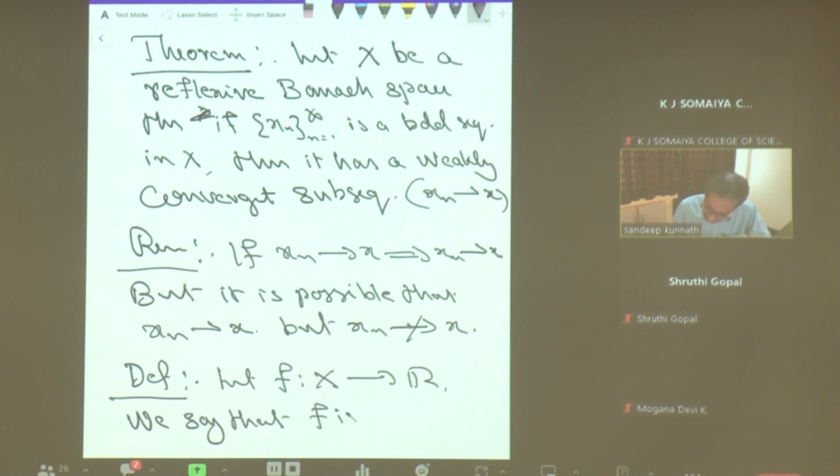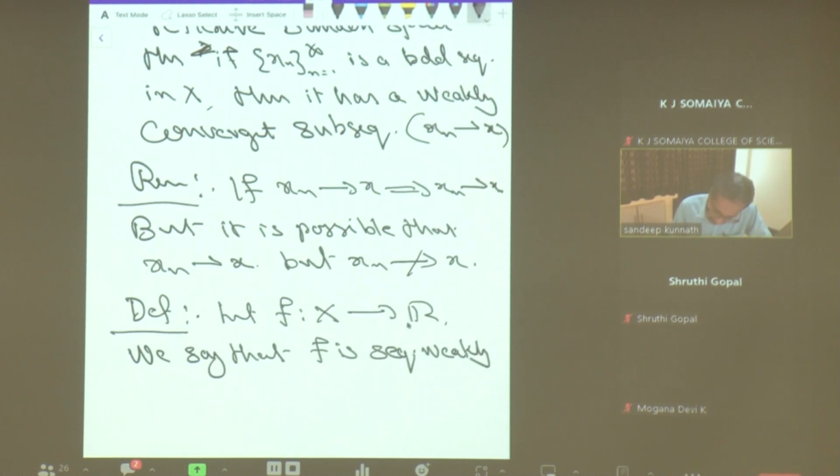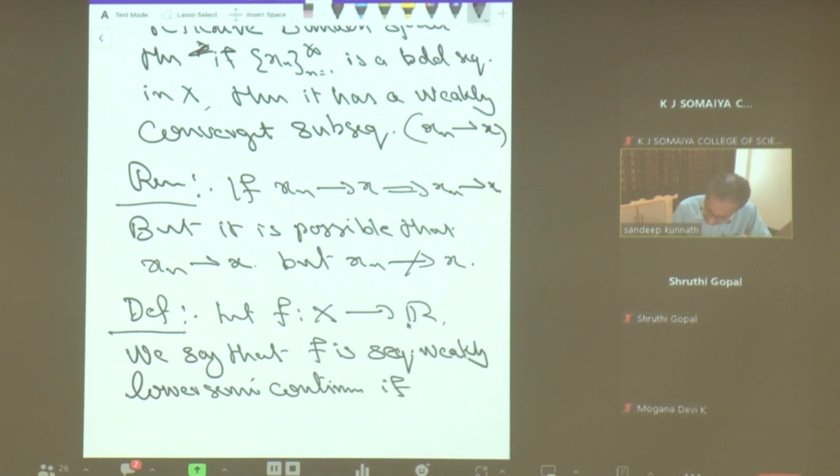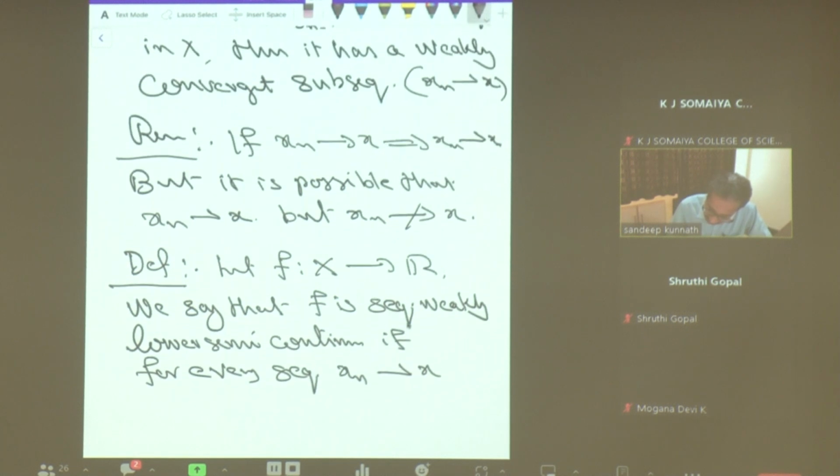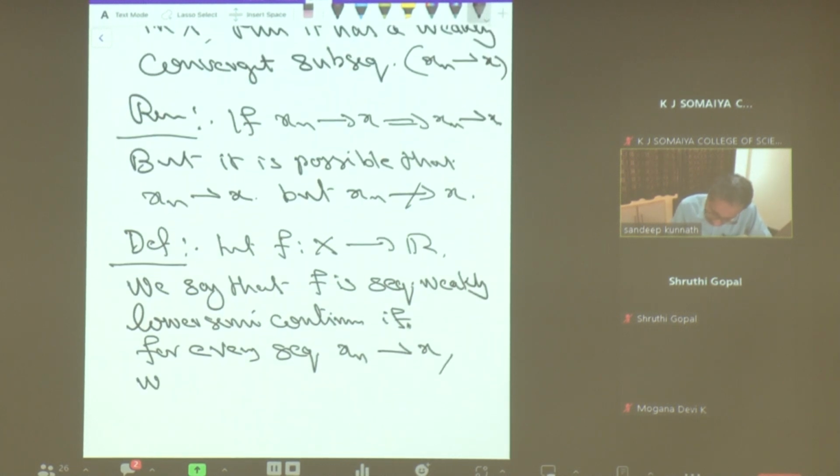We say that f is sequentially weakly lower semi-continuous if for every sequence Xn which converges weakly to some X, we have f of x is less than or equal to the limit inferior of f of Xn as n goes to infinity.